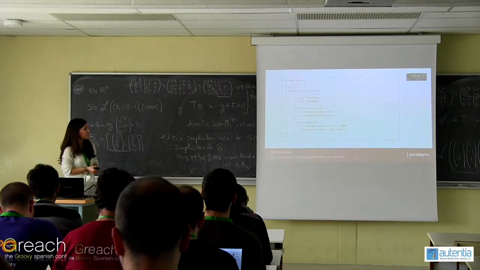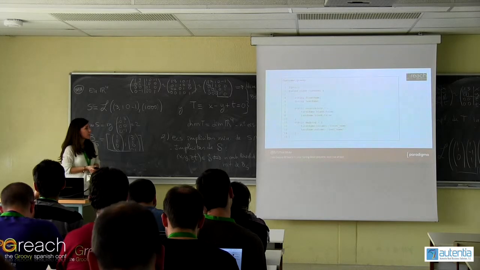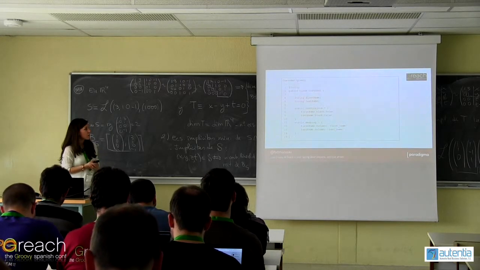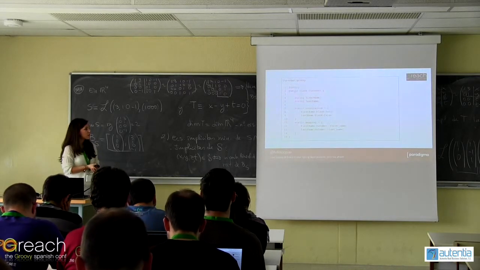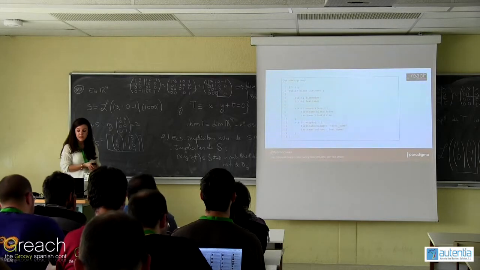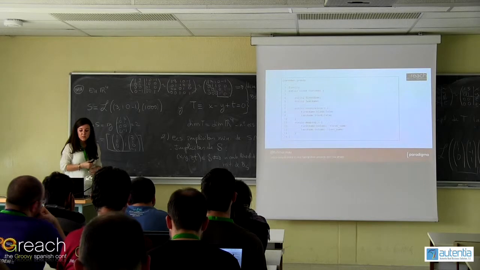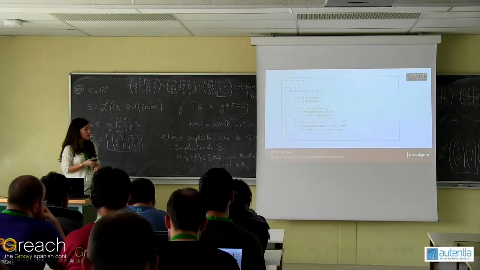Here we have an entity implemented with Groovy and with GORM. The annotation @Entity indicates that we are using GORM, and we can specify some constraints easily, as you can see, and also we can specify mapping options.